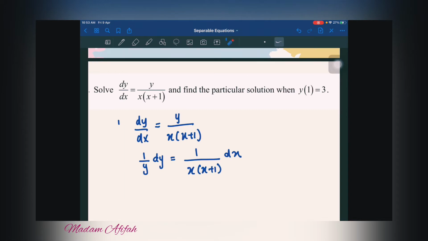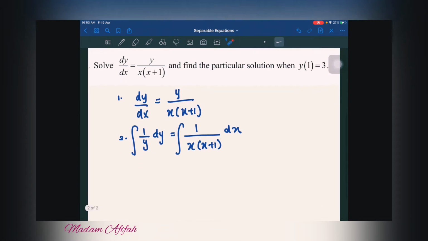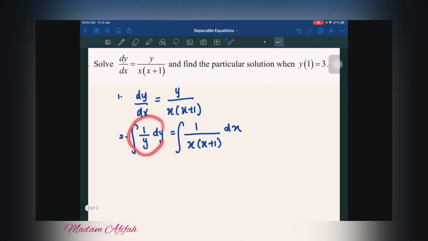The second step is we need to integrate both sides. For the function on your left hand side, you don't have any problem because this is direct integration. You will simply get ln y. But your problem is on your right hand side.